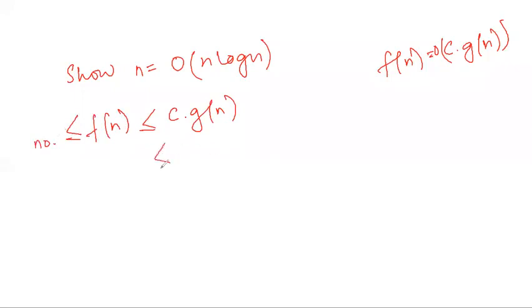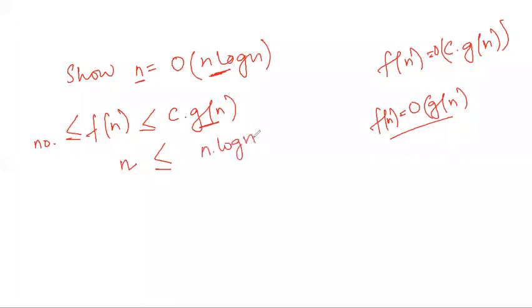So in place of g(n), order of g(n), f(n) is equal to order of g(n). This was our formula. If I consider this, f(n) means n, I will put, and g(n) means n log n, I will put, and this c, let us keep this constant c.